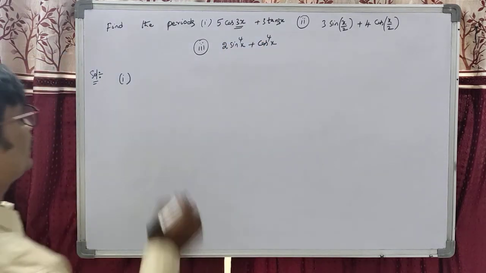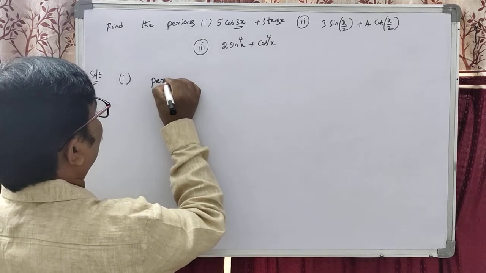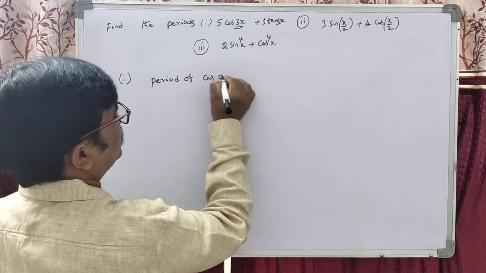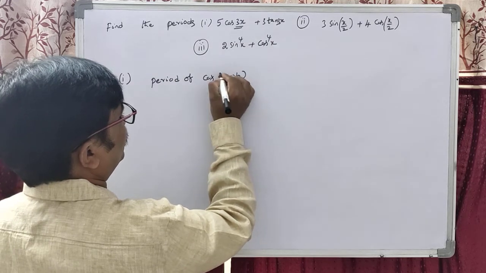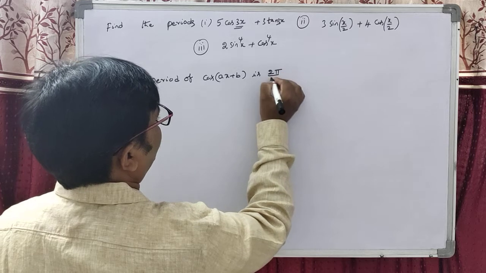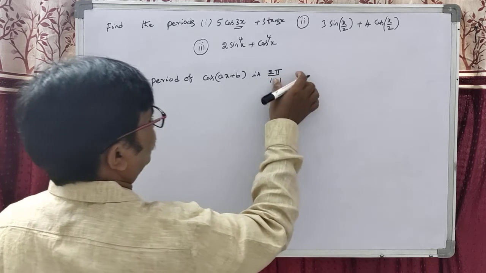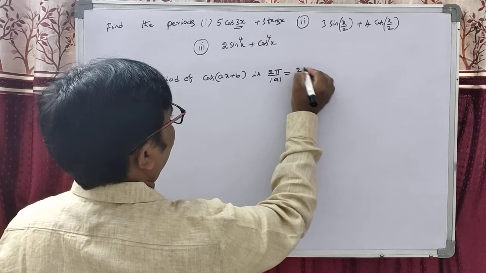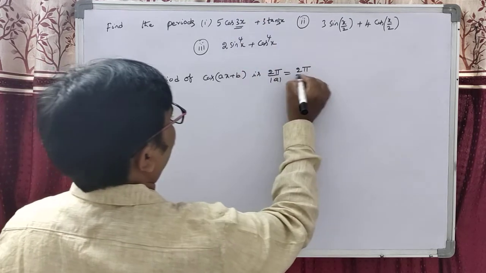We know, students, that the period of cos of ax plus b is 2 pi by modulus of a. That is 2 pi by 3.